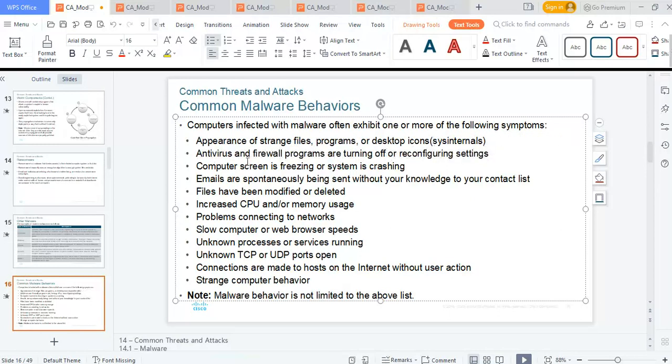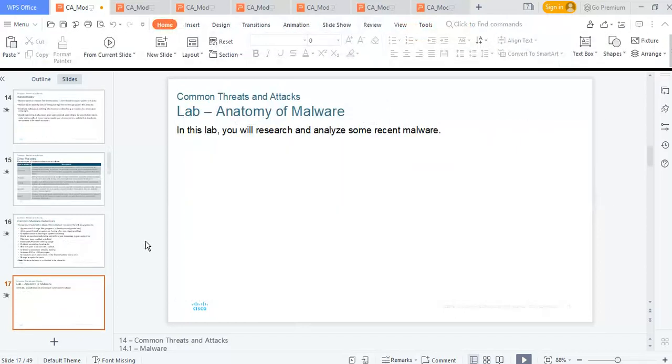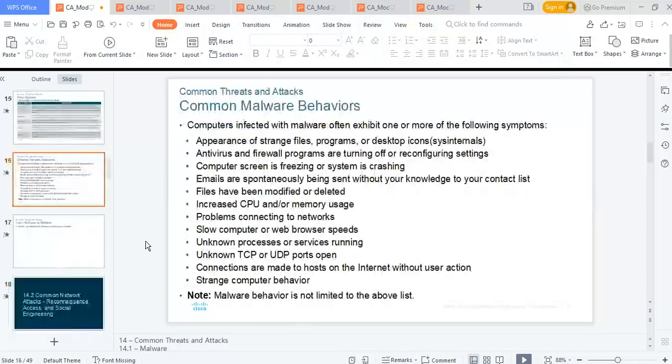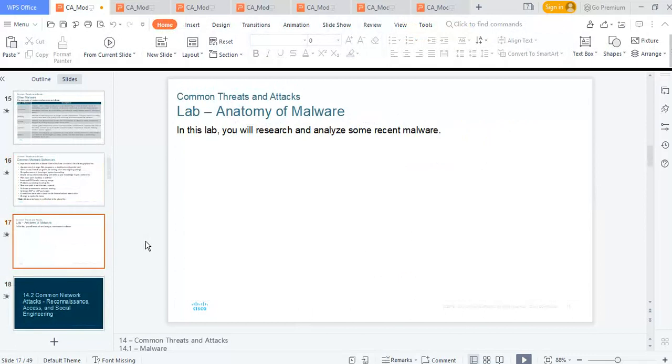You want to check if these programs are trying to turn off your antivirus and firewalls. Are your systems crashing? Are they freezing? Do you have emails spontaneously sending stuff about your data without your knowledge, and several others? So once you see this, you are likely under attack. So you might have a compromise from an attack.